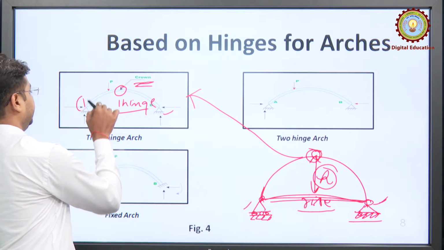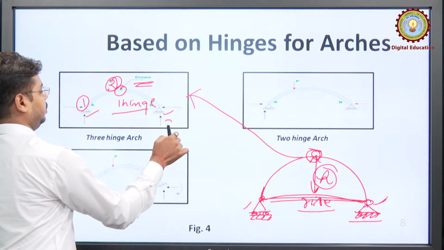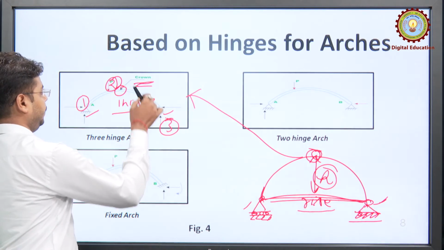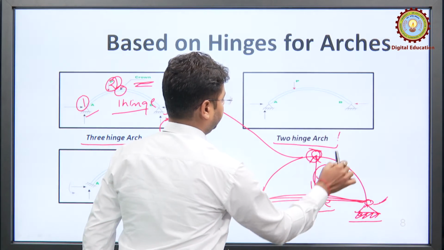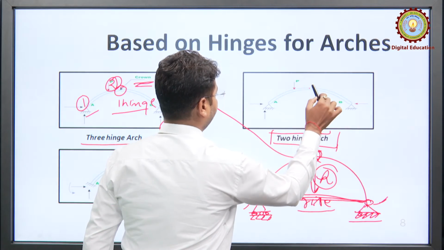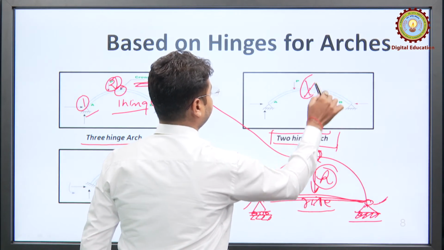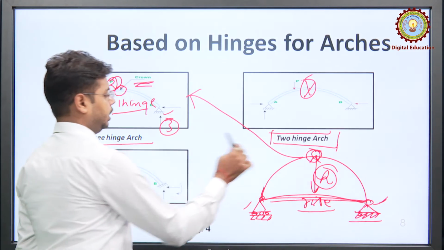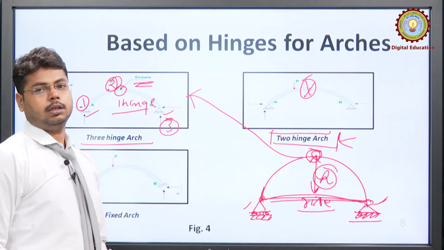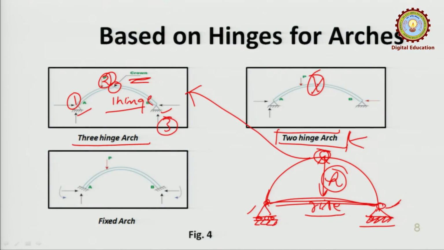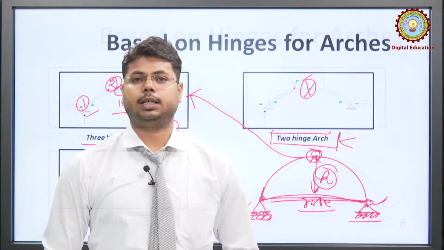That means there are total three points, so we can call this a three hinge arch. Similarly, in a two hinge arch, we don't have a hinge at the crown. So this is all about the types of arches.